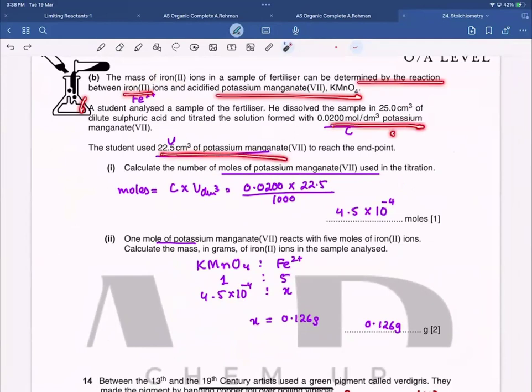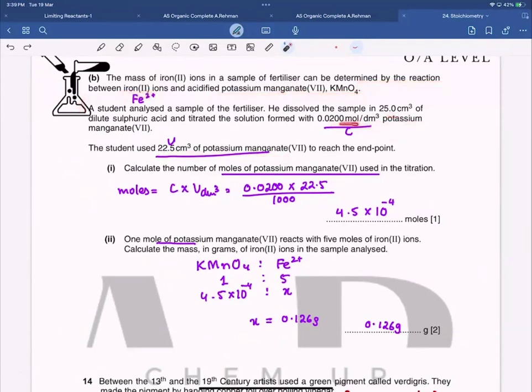They didn't provide you the amount of the other substance. Where is the amount of sulfuric acid? But sulfuric acid is not a reactant. If you see, the reactants are only 2, the iron ions and the permanganate. And out of these 2, they have given you the amount of one reactant.